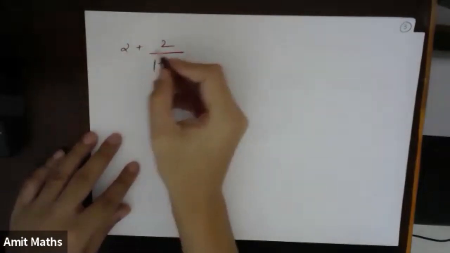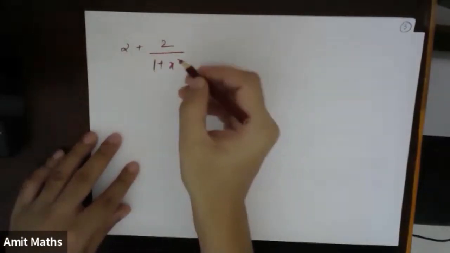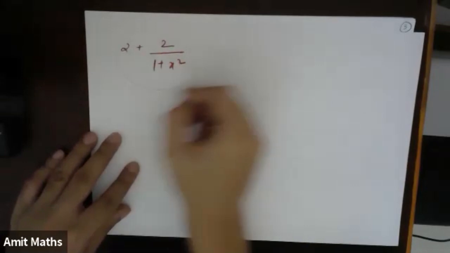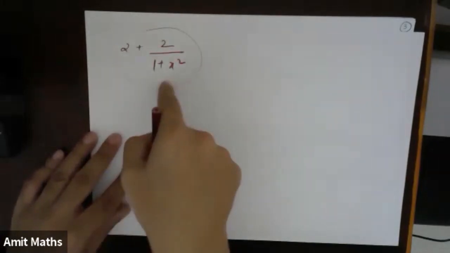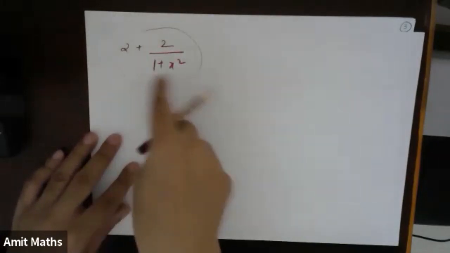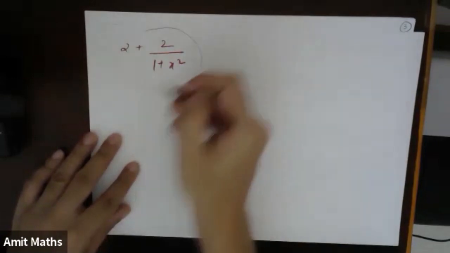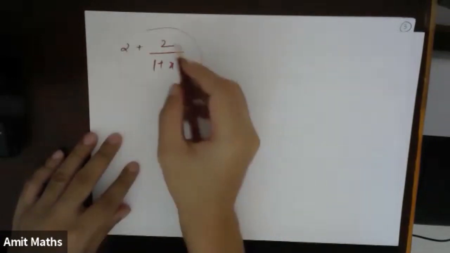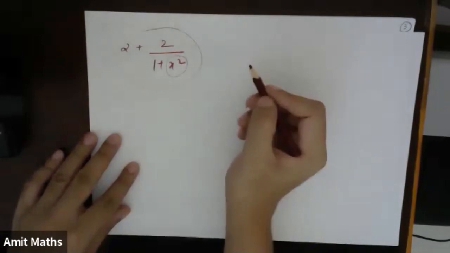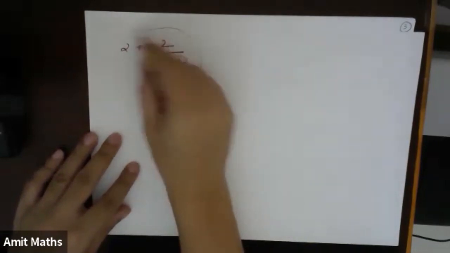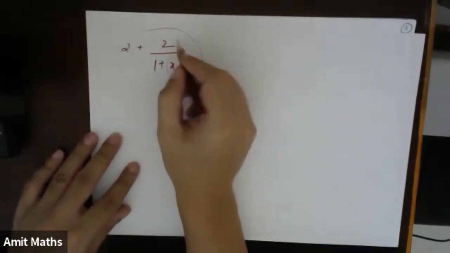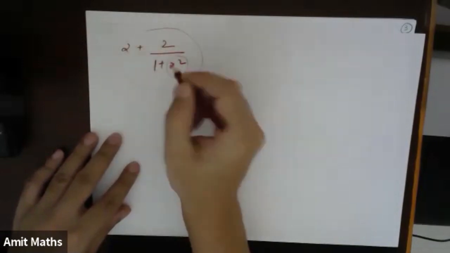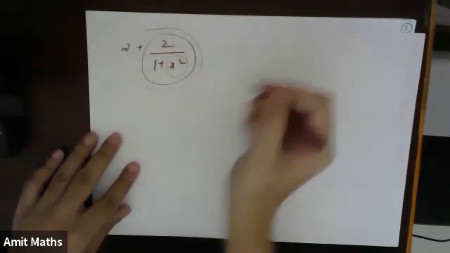So basically what we have to find is the range of this. Some of you have not understood why we are getting the range of this as 2 to 4. The range of this will depend on this x. Now see, when is this whole thing maximum?